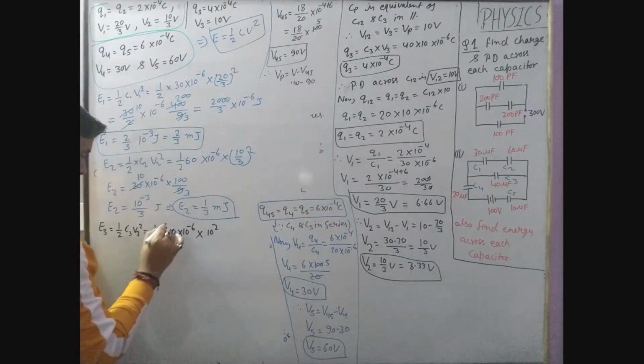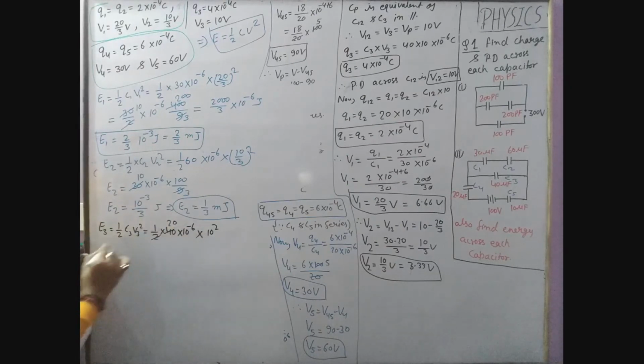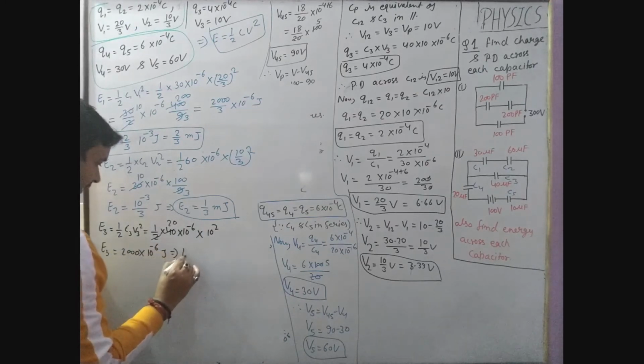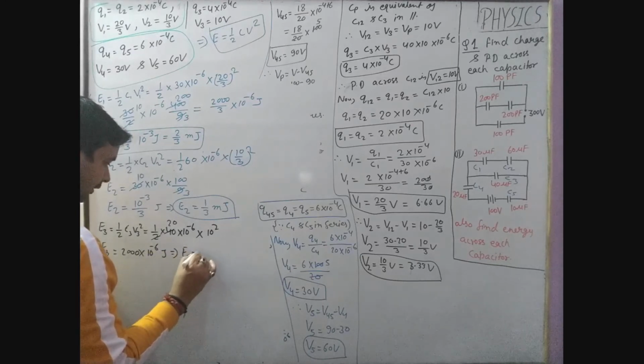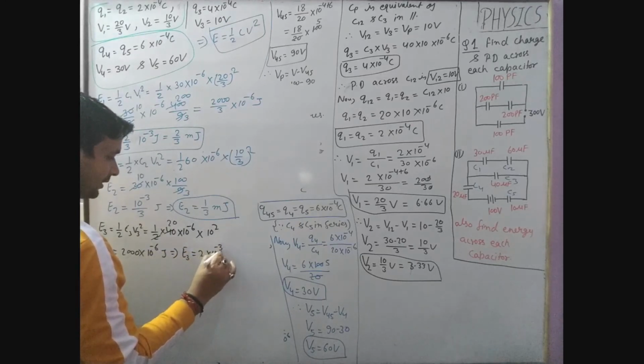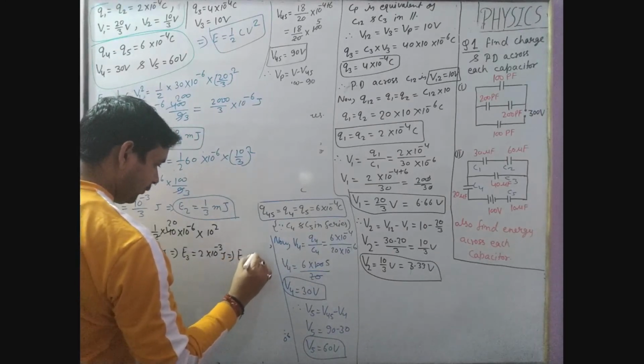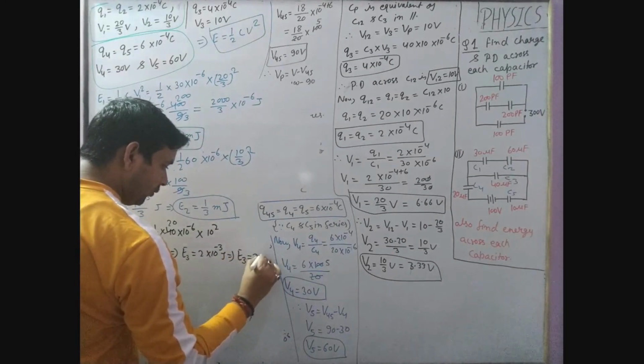So this will be cancelled by 20, and this is 2000 into 10 to the power minus 6 joule, which means E3 is equal to 2 into 10 to the power minus 3 joule. That is, E3 is equal to 2 millijoule.